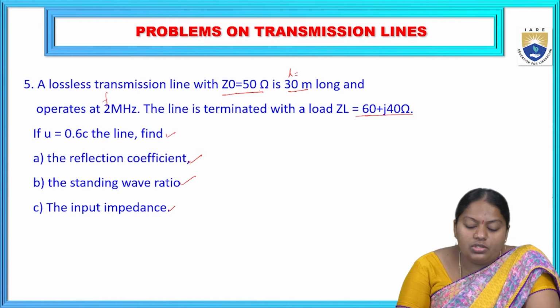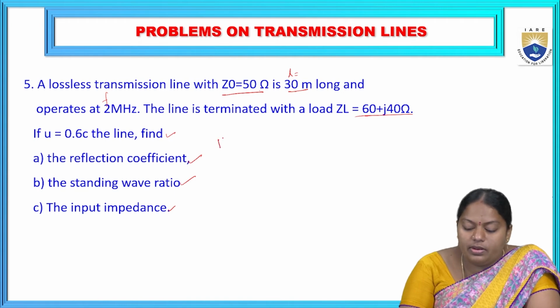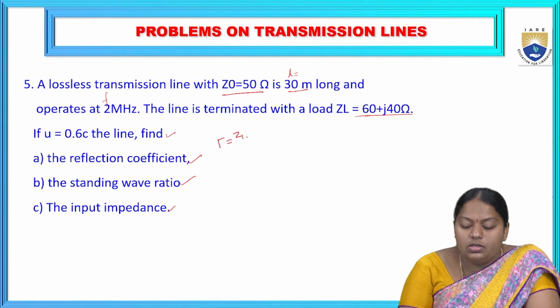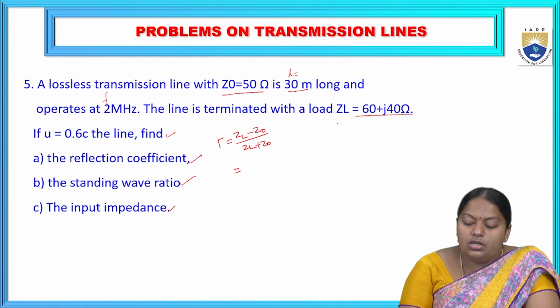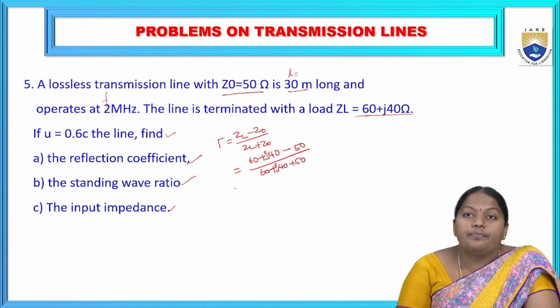So to find the reflection coefficient, the formula is gamma equal to (ZL minus Z0) by (ZL plus Z0), right? As we know, load impedance is 60 plus j40, minus Z0 which is 50, by 60 plus j40 plus 50, right?